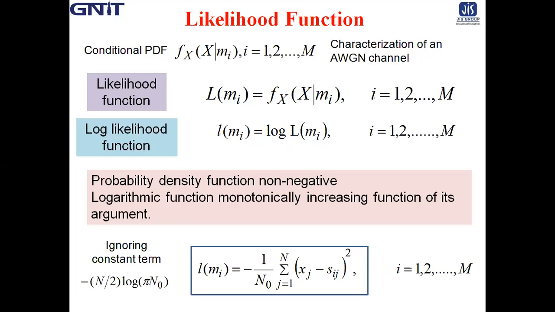Now the log likelihood function bears a one-to-one relationship to the likelihood function for two reasons. First, a probability density function is always non-negative. It follows, therefore, that the likelihood function is likewise a non-negative quantity. And second, the logarithmic function is a monotonically increasing function of its argument.